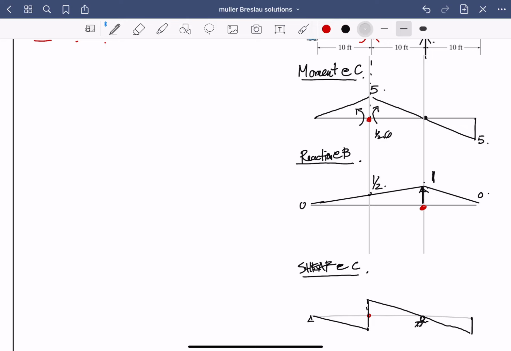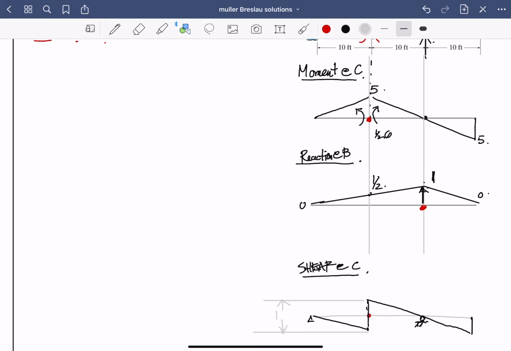What you want to note is that this is 1 unit load, or unity, right there.